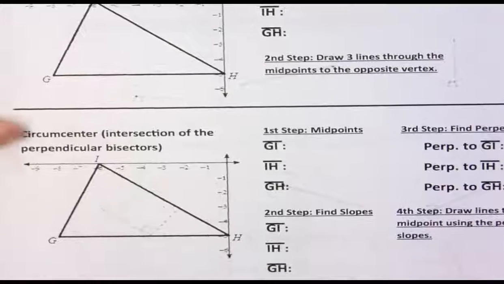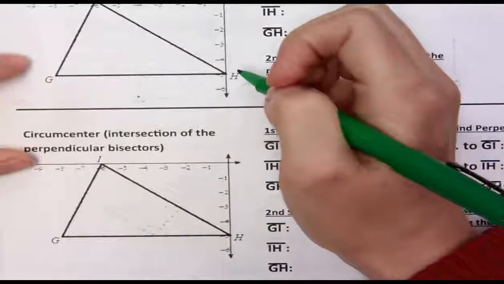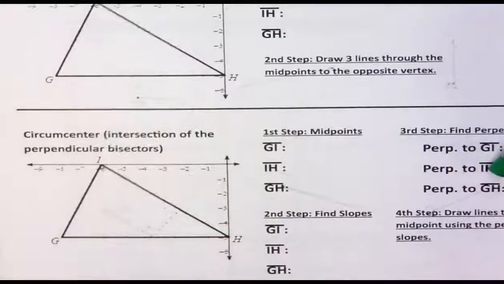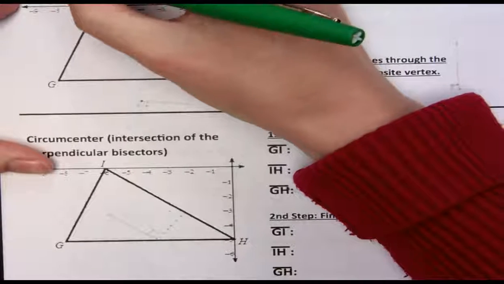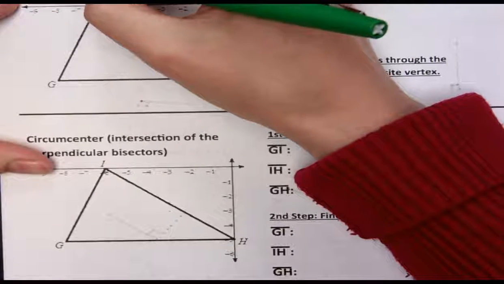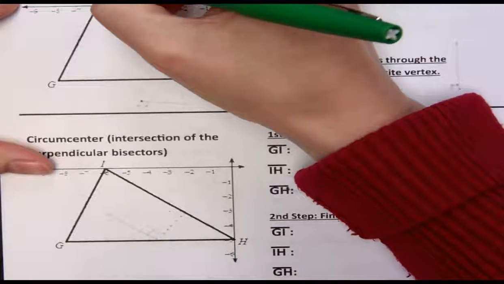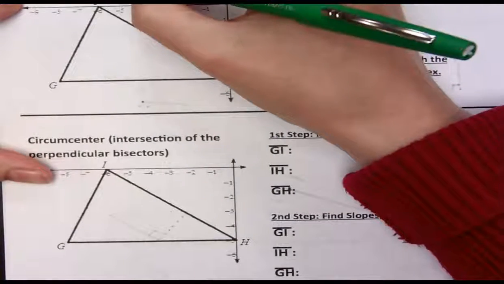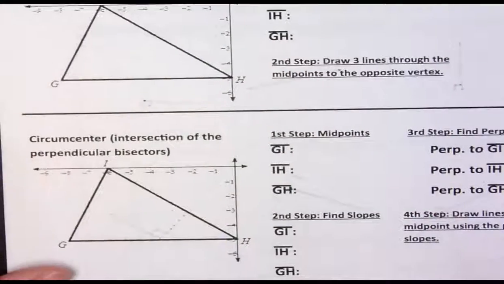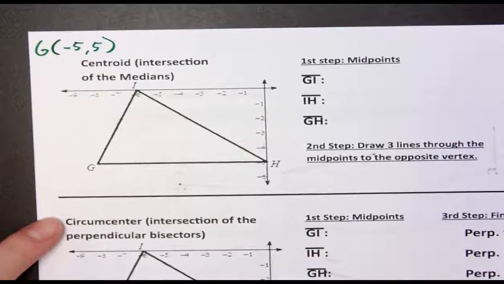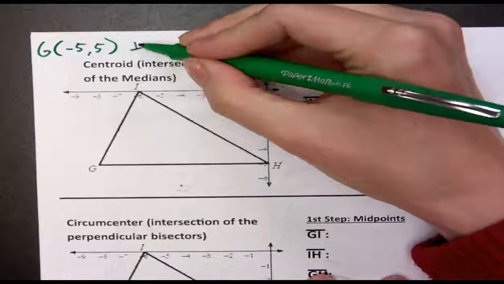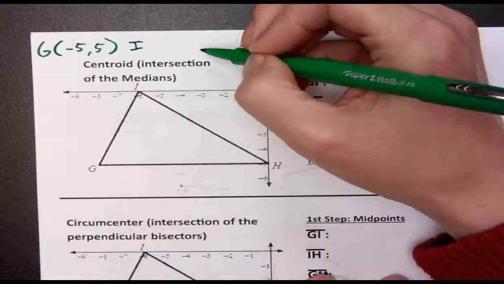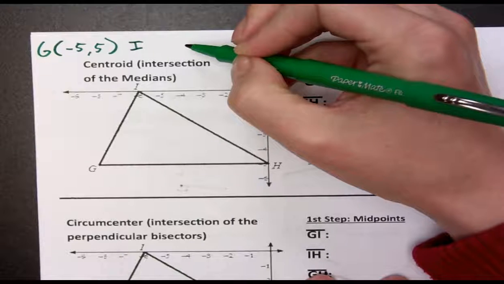And so let's start. This graph did not print real well, but I'm going to start by labeling points. So what is point G? -5, -5. All right, what's point I? 0, negative... Is that a 6 or an 8?